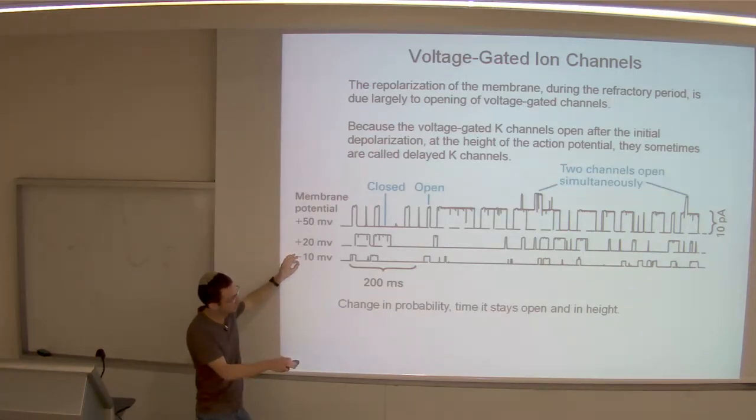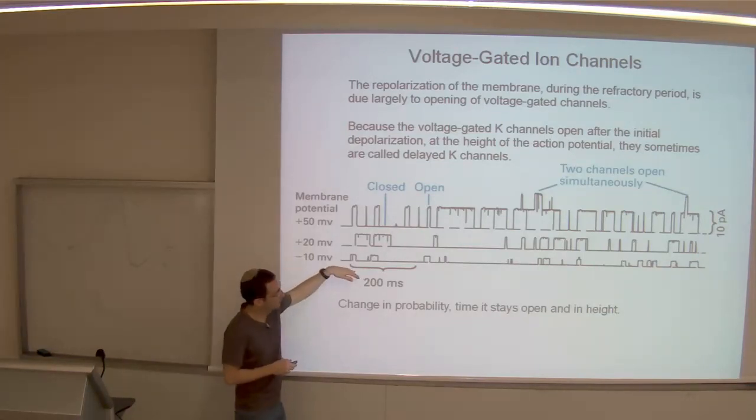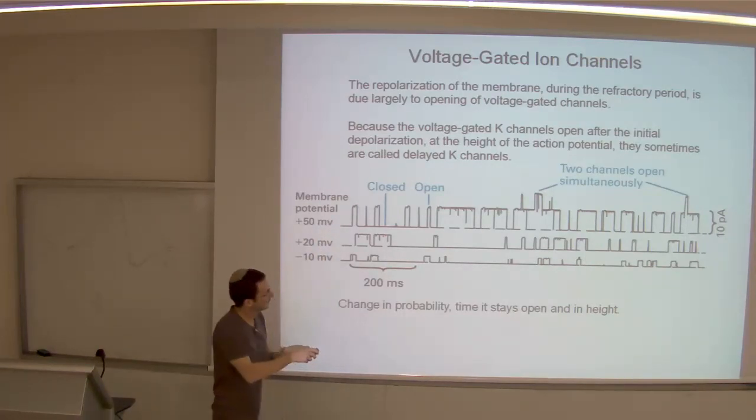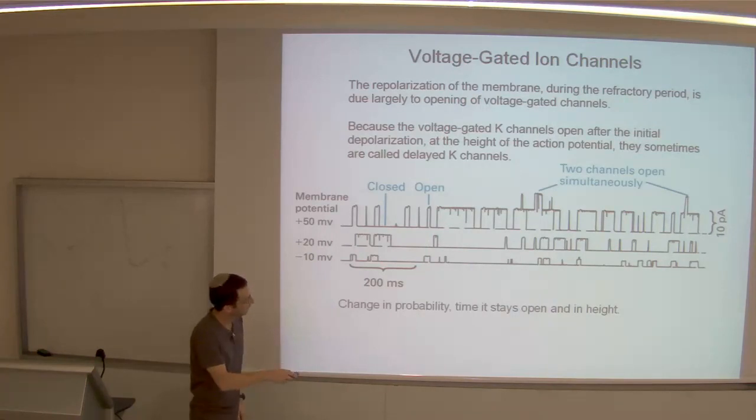So the units here are picoamperes. And you record the currents of the voltage-gated potassium channel at different voltages, at -10 and at +50.